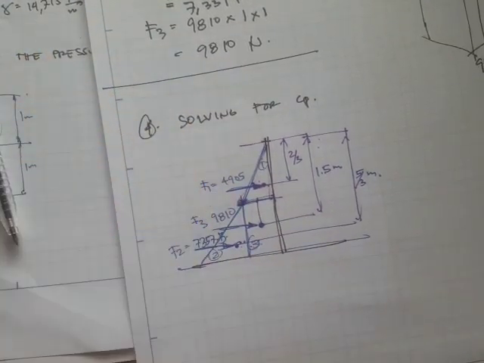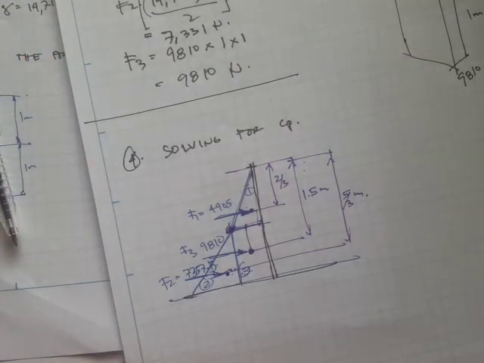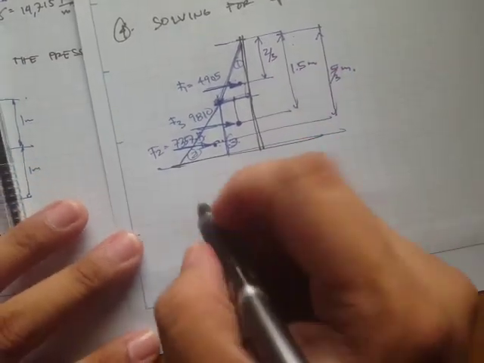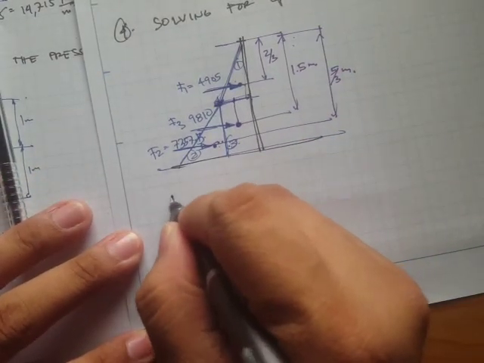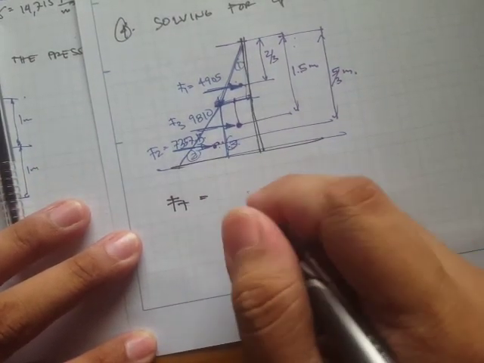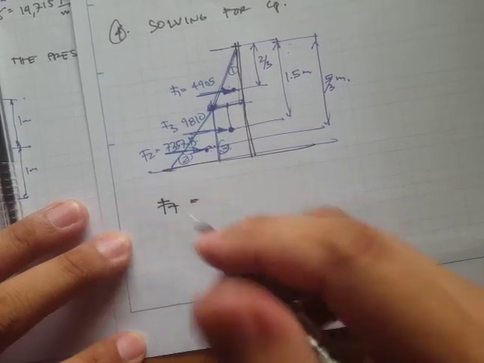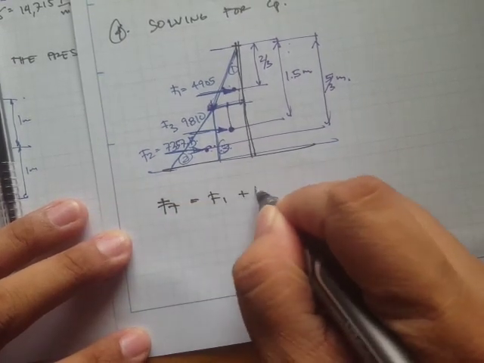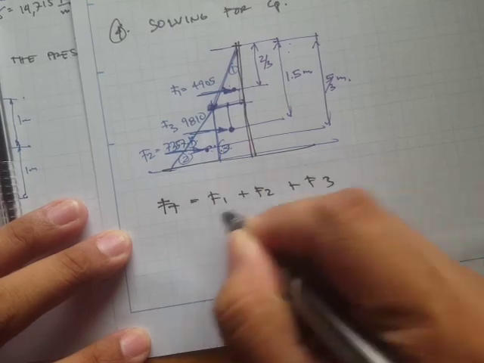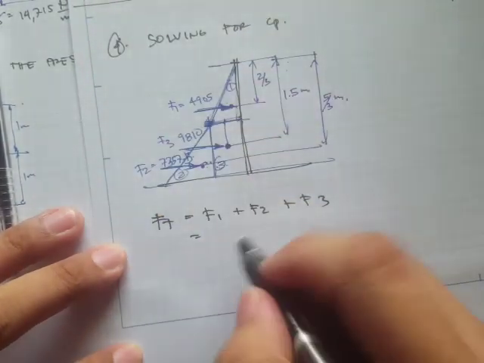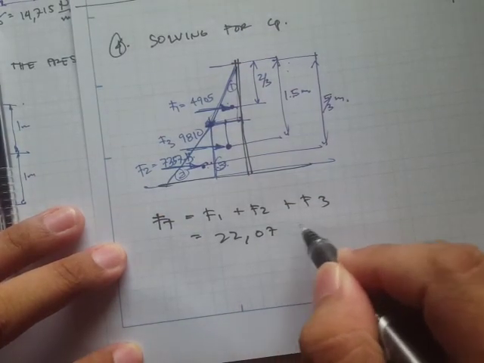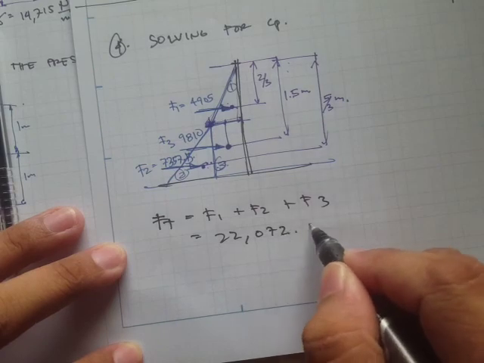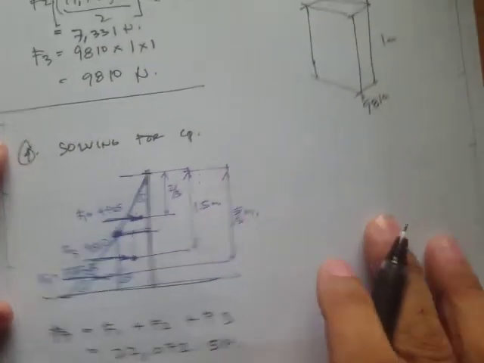Okay, so if we do the moments, we have Ft. Let's sum up the forces first, which is just F1 plus F2 plus F3. If you sum the values, what you get is 22,072.5 newtons.